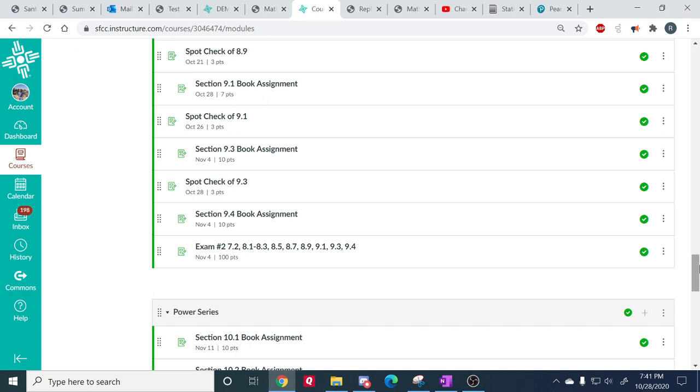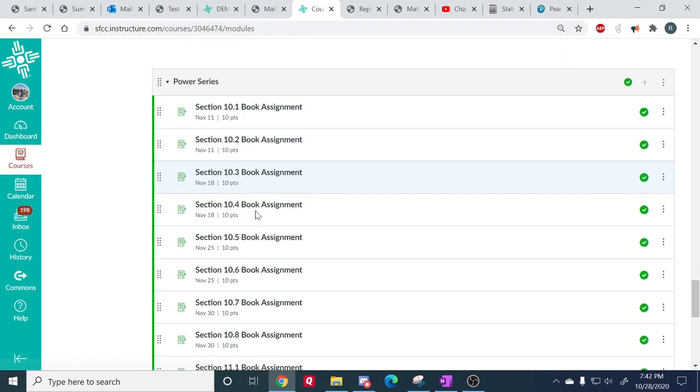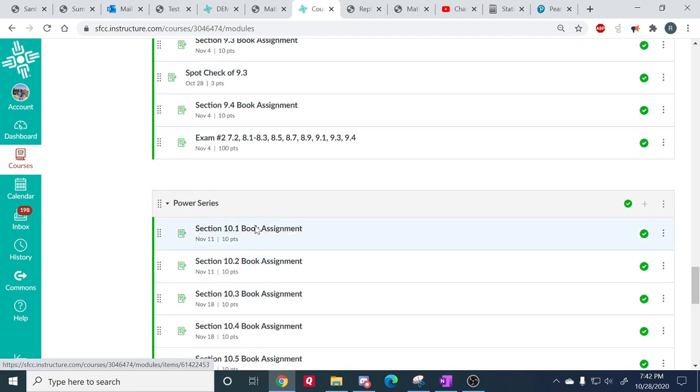So what's going to happen is there's going to be no more spot checks for assignments. You're going to see, there was a spot check for 9.3 and 9.4, there's no spot check for 10.1, and so on, all these things, there's no spot checks.